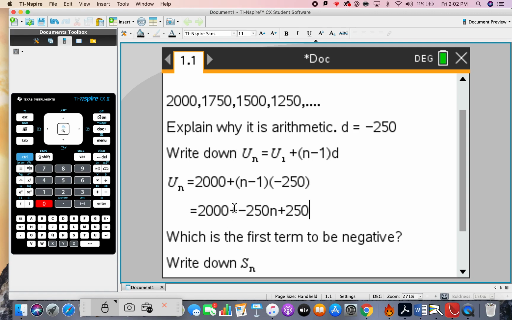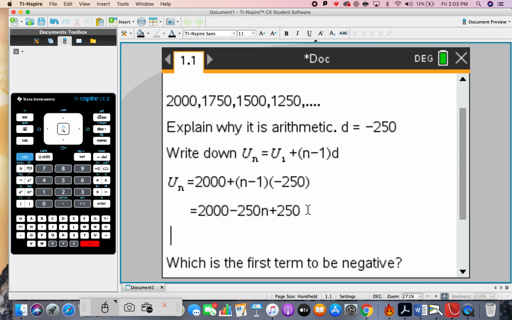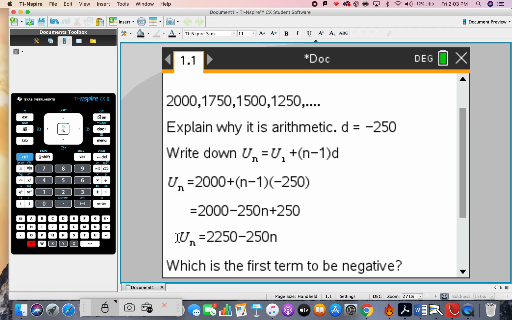That's exactly what we want. Now you've got a plus minus here, which just turns into a minus. And then you've got 250 here, positive, and 2000 here. So the final answer is 2250 minus 250n. That is the way we find the nth term in this sequence.